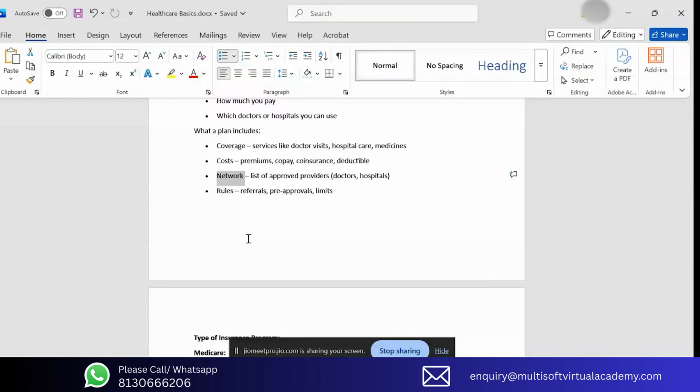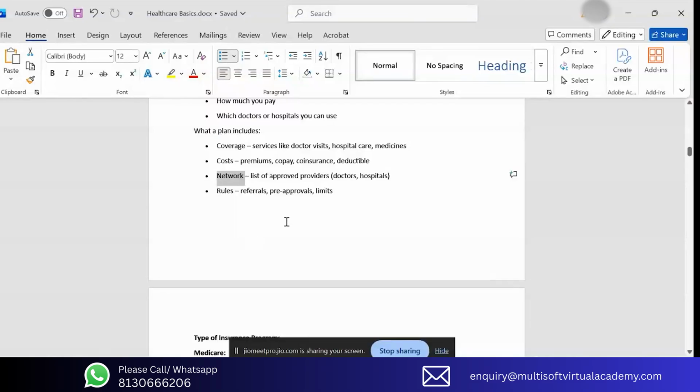That is called in-network. When you say out-of-network, suppose you have taken a plan with in-network where you need a cardiac service, but unfortunately it is not covered in your in-network. If you need to go to an out-of-network provider, and you have not availed that with your plan, the cost will be much higher.